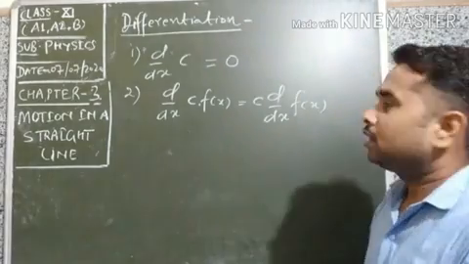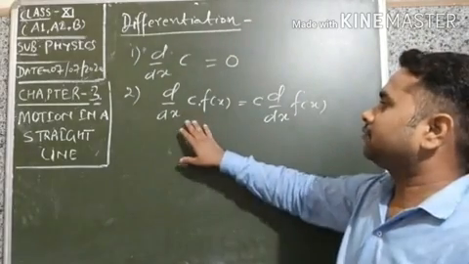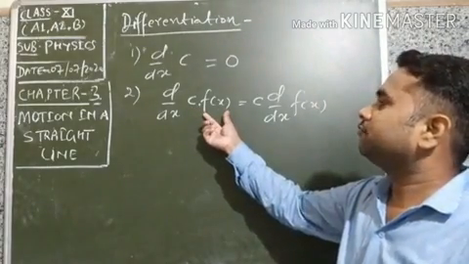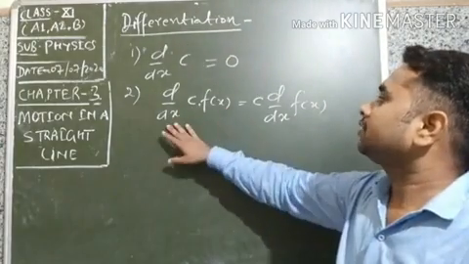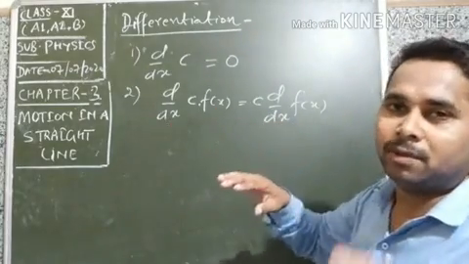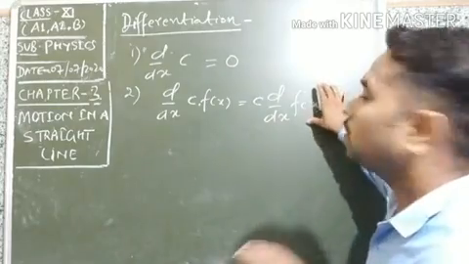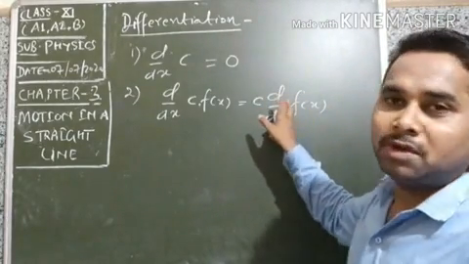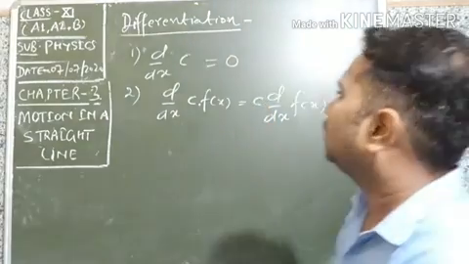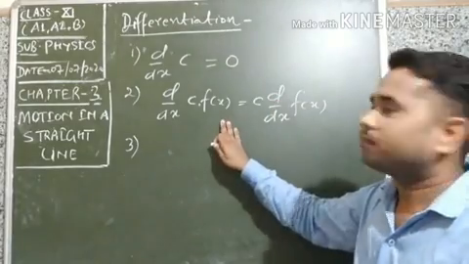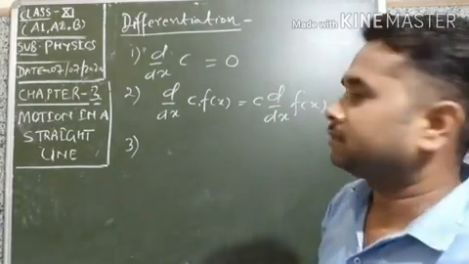It means when we differentiate a product of a constant with a function of x, the differentiation will apply only on the function of x, not on the constant. We take the constant outside as a multiplier. We also saw an example of this rule yesterday in the previous lecture.